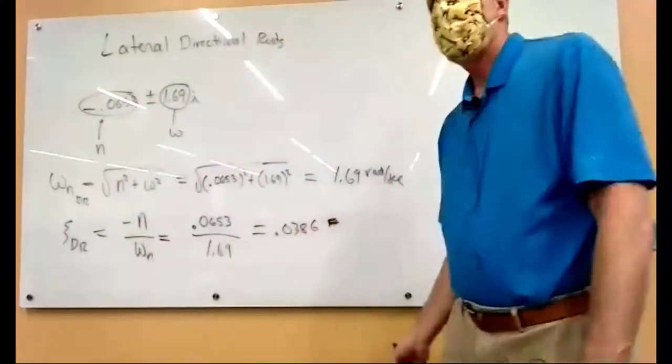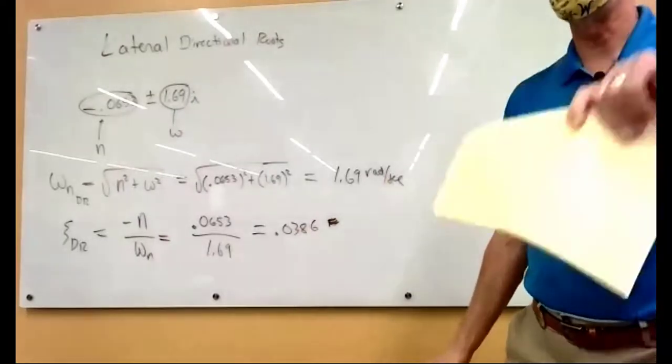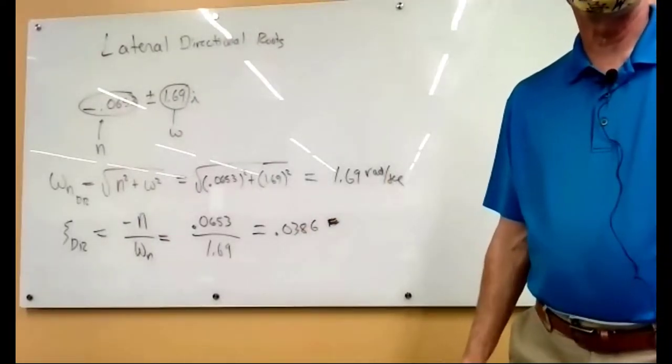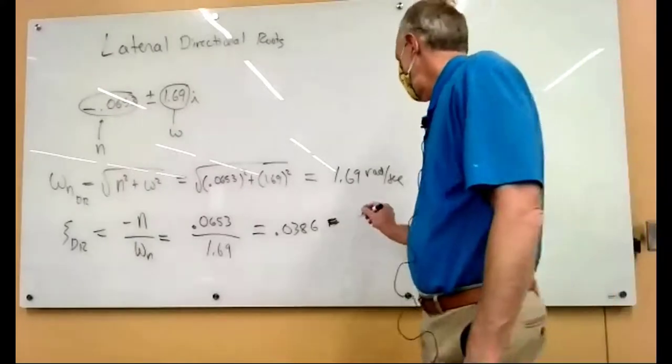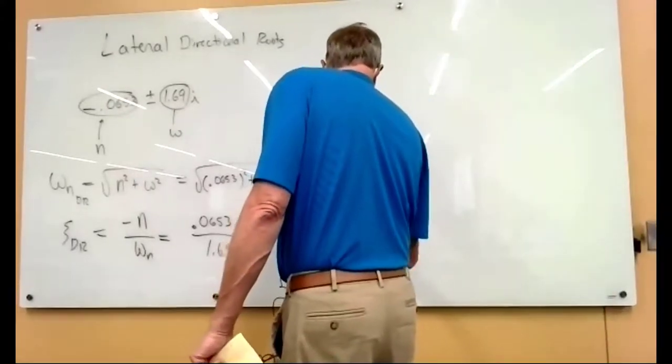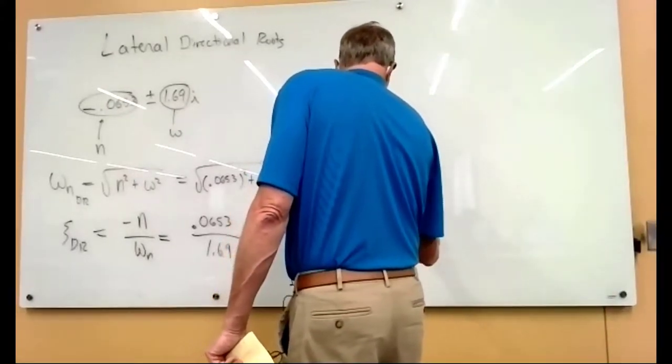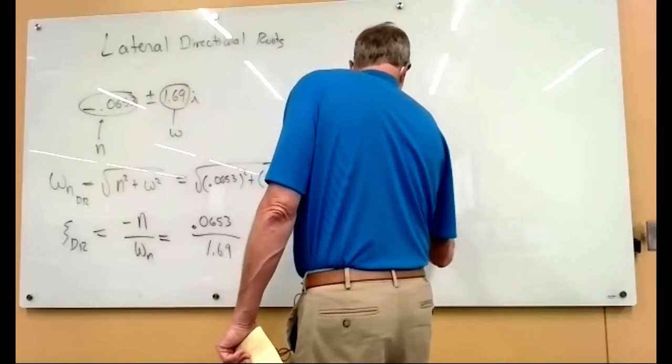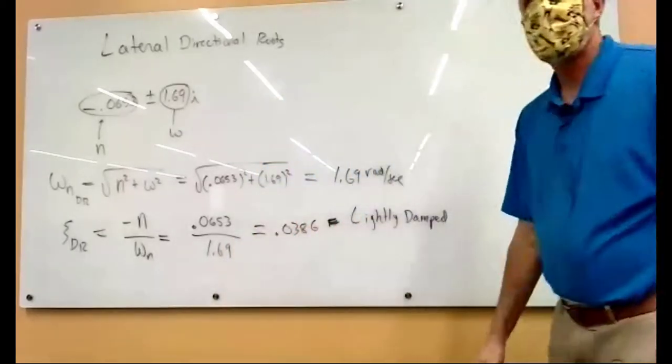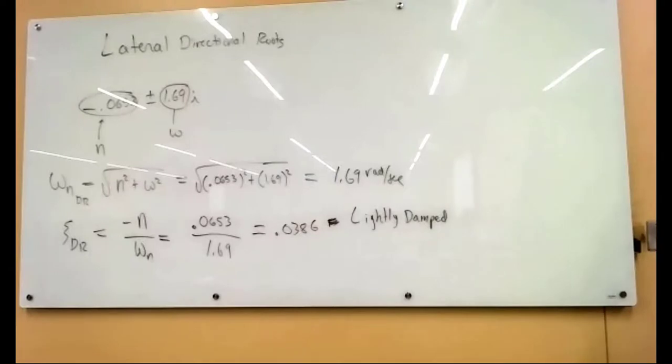And so you look at that compared to the range from 0 to 1. 0, no damping, 1, optimally damped. It's lightly damped. And we'll have to wait till the next chapter to find out if that's okay or not.